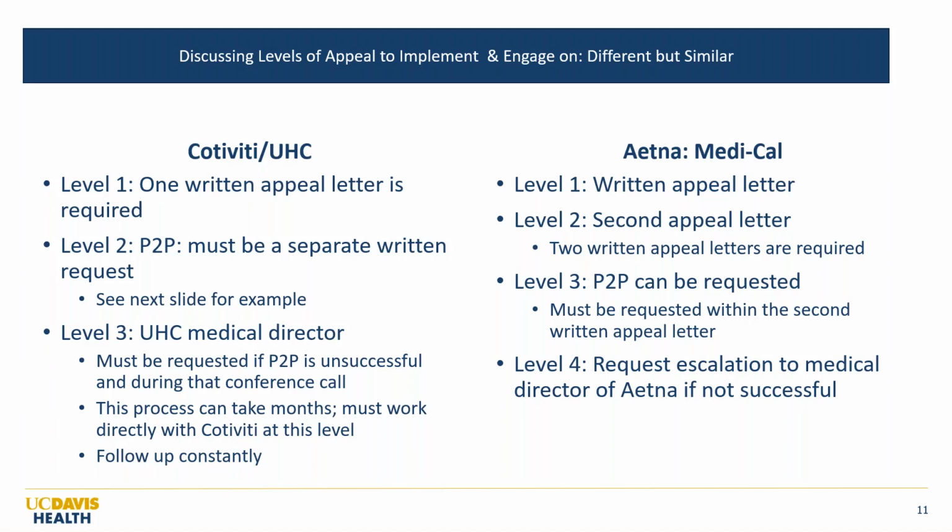These are some high level examples from experience, where there are different levels of appeals for different payers. For UHC and Medicare Advantage, typically there have been 3 levels of appeals. There's a written, a peer-to-peer, and the third level usually goes back to the payer themselves for their medical director to review it.